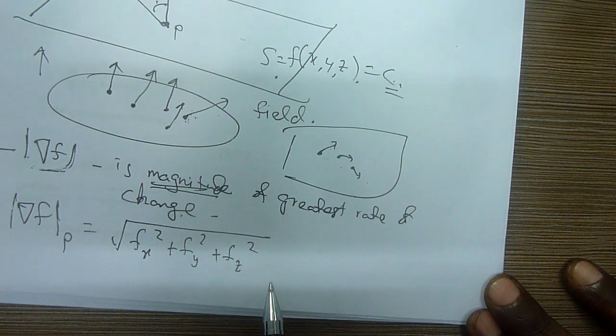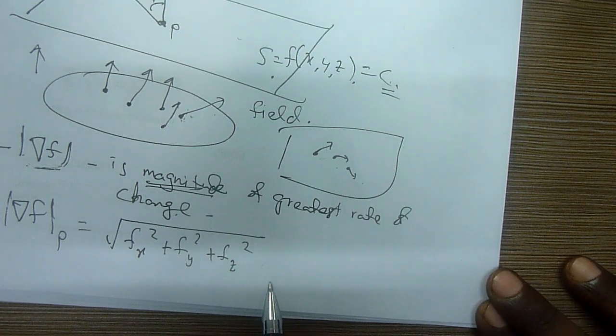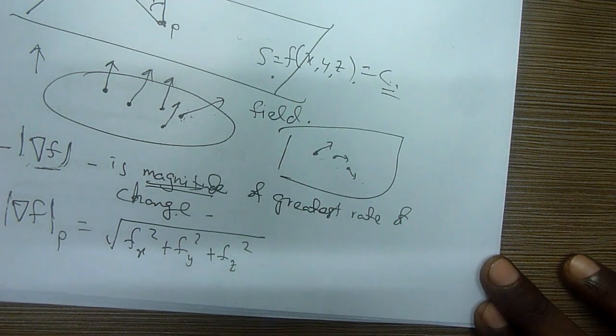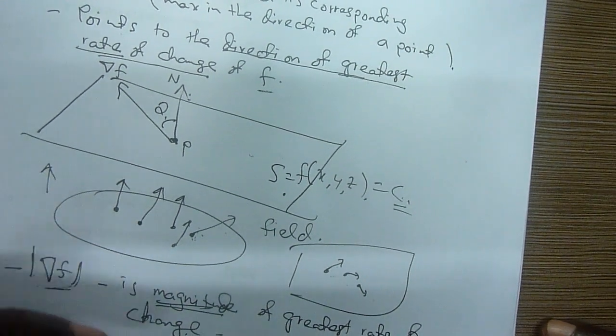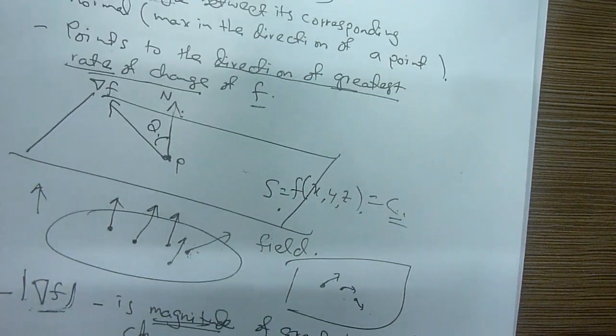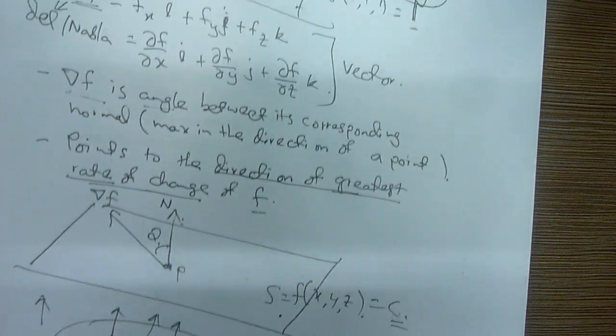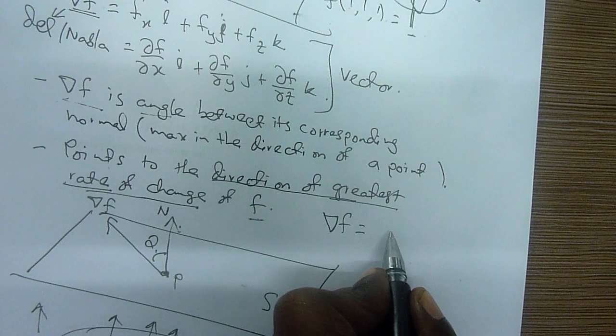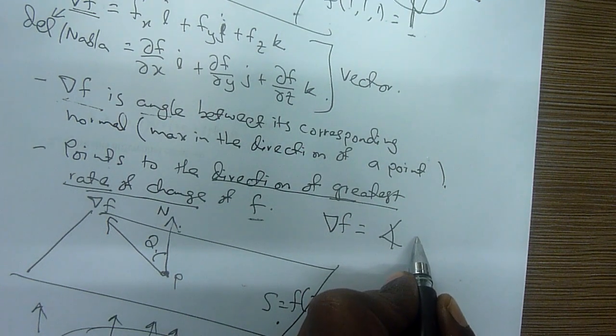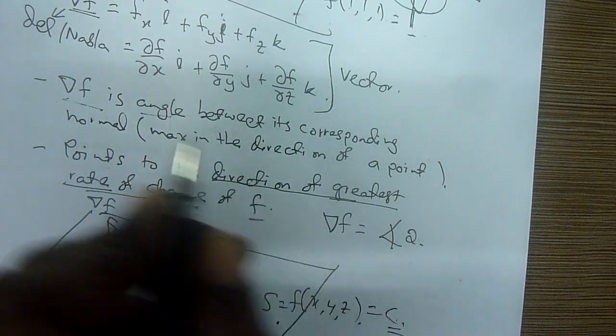Therefore, in a simple message, I may say it is the direction of the derivative at a given point. Can I make another simple point here? What is nabla f? The gradient f can be explained as an angle, the angle of that cube.